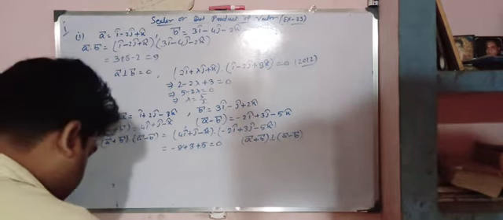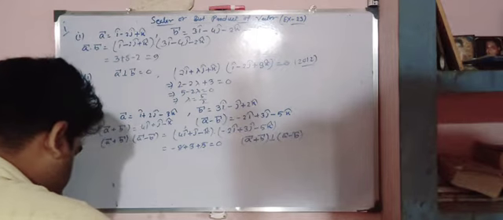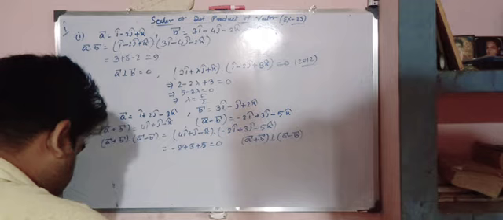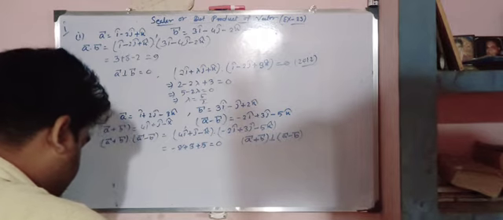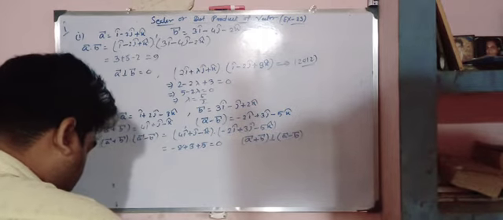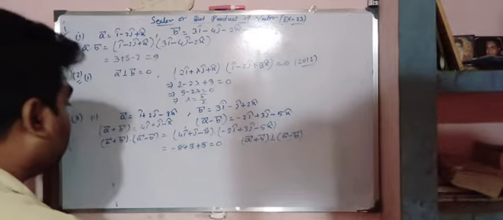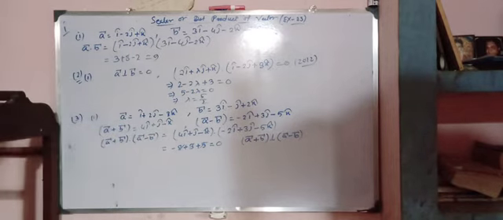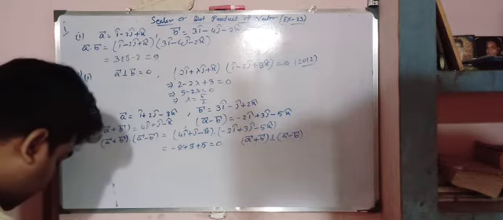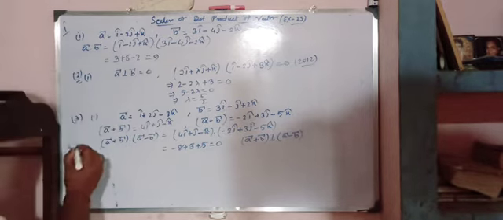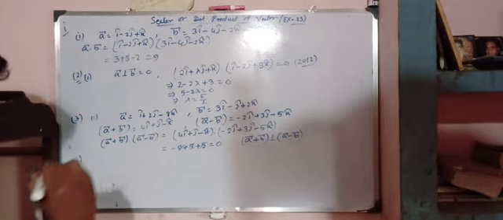The question is given here that if A vector is given and B vector is given, then find the value of lambda for which A plus B and A minus B are orthogonal vectors. Okay, so the question is question number 4.